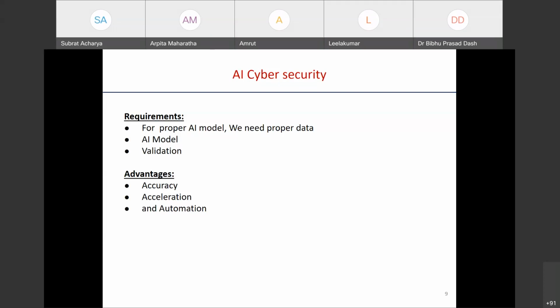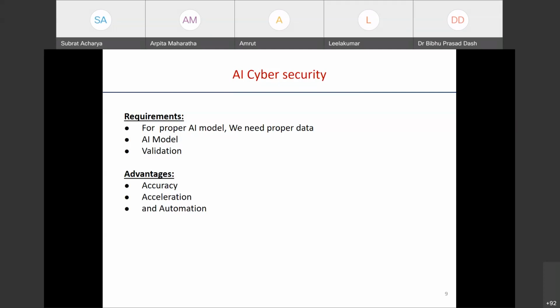As we know, different types of platforms are available, and we are going to discuss in much detail the major platforms used for security analysis. And then the data, when it comes to the particular model, has to be properly validated. So these are the three prime requirements on which this AI model for cyber security will be built.